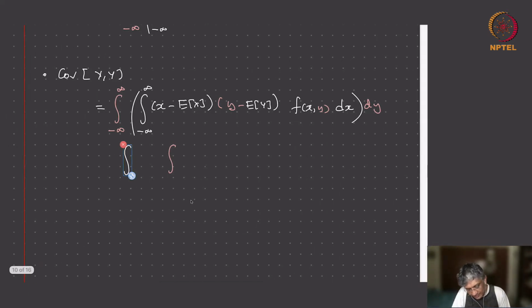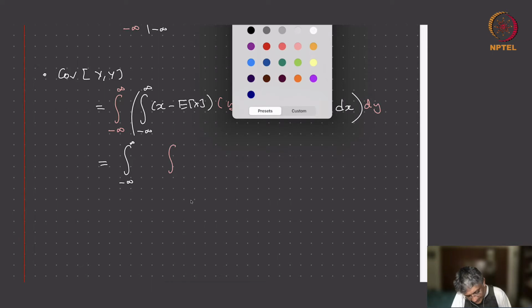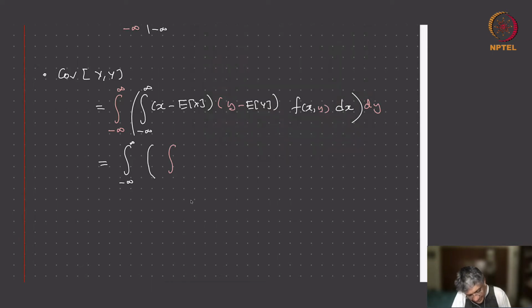So modulo that mathematical technicality, if I can flip the two integrals, I have minus infinity to infinity outside, and inside I have minus infinity to infinity. Then here I put the y first, copy, put the y first, and then I put the x next.